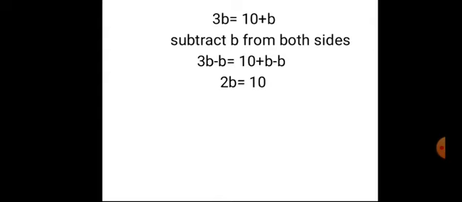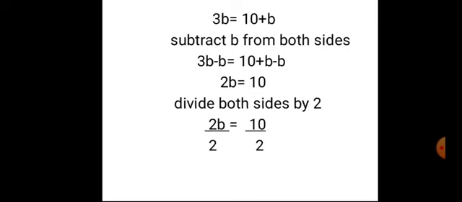Both sides, because we want to balance the equation. Very good. So we divide both sides by 2, and that becomes 2b over 2 equals 10 over 2. So our 2 cancels 2. We have b, and 10 divided by 2 gives 5. So our final answer is b equals 5.